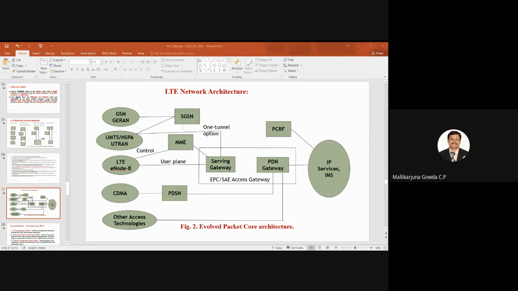So still Ritika is not here. Okay. Sai Lakshmi, PDN gateway, sir. PDN gateway. Good. Yes, Sonali. Serving gateway. Okay, fine. Yes, Sudarshan.